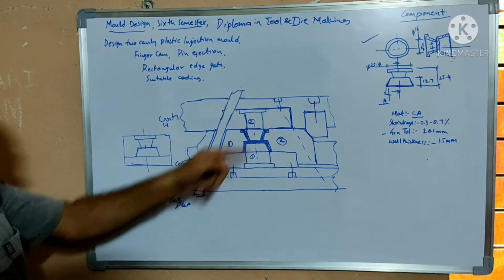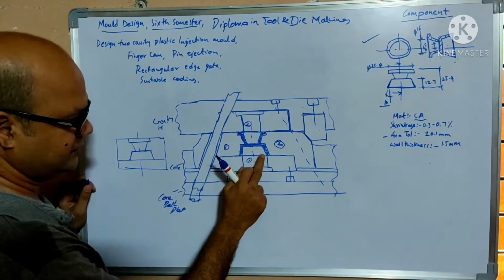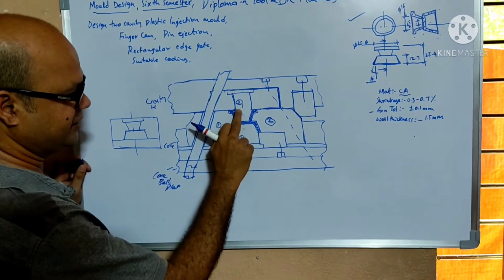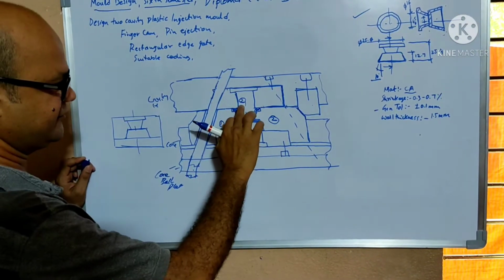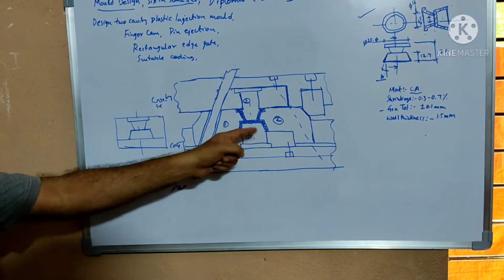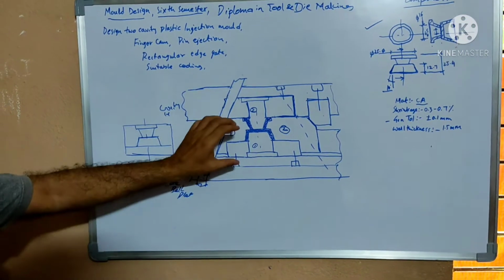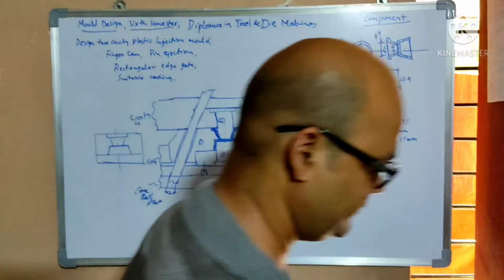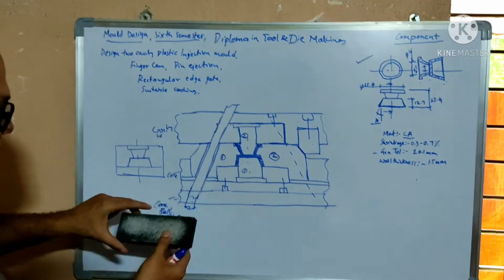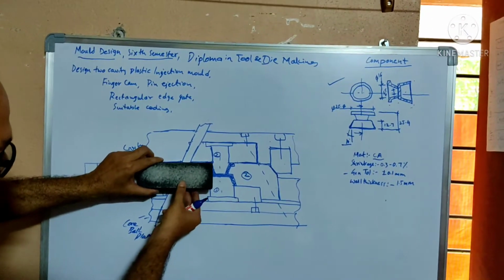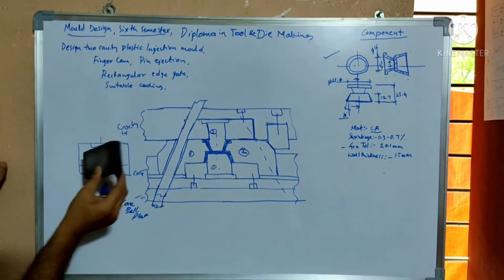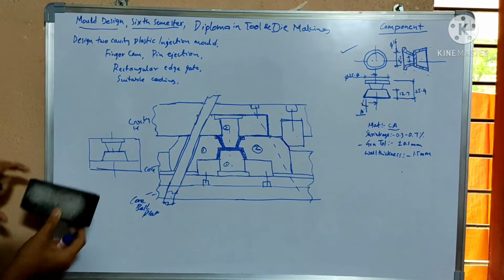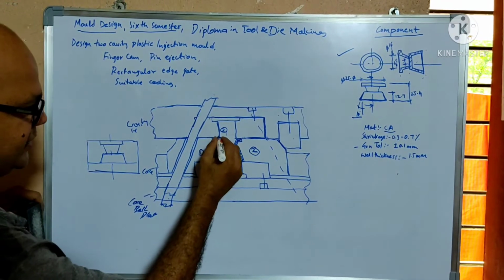By using two cores, now I am doing this one. Now you are getting a clear picture of the component. I am showing this view here, the view of the side core.